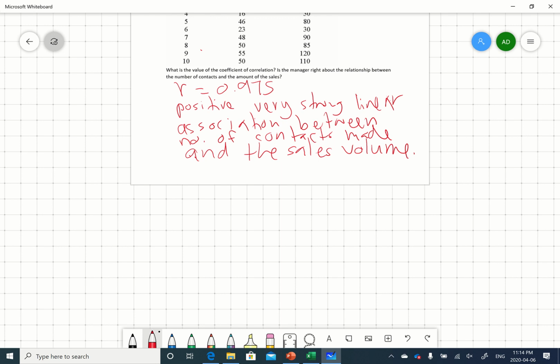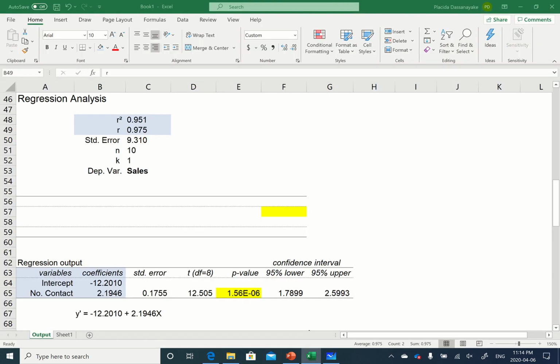Now I'm going to write a statement about the coefficient of determination.